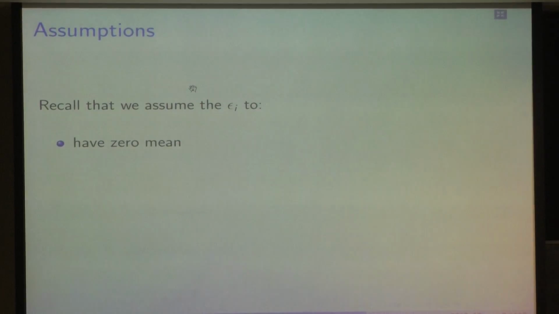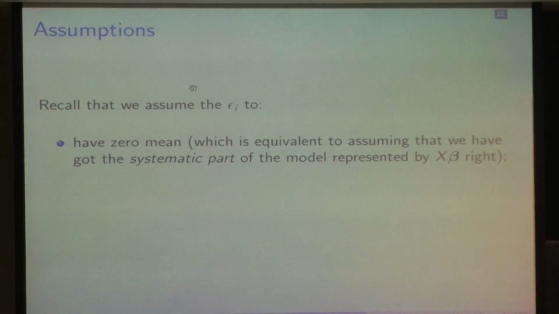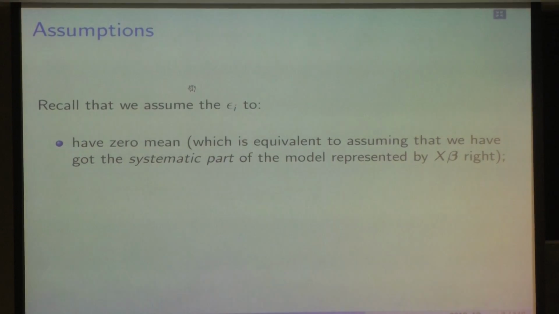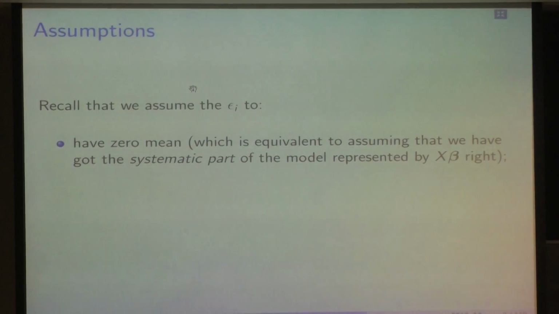Okay, so remember the assumptions that we had for the epsilon_i's. So first of all, we assumed that they had zero mean. Now, I'm not going to concentrate very much on the question of whether that assumption is correct, because if it's wrong, then what that really means is that our linear predictor is wrong.